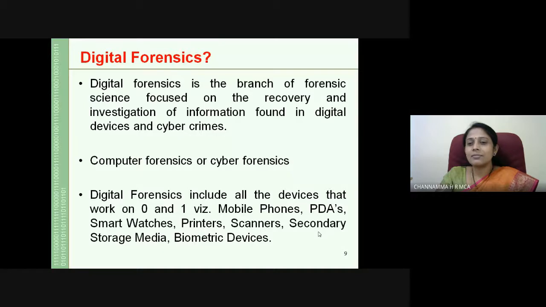All the conventional devices have become digital. Even at home, we don't have an analog watch, we have a digital watch. Whatever device is misused by anybody, if investigation is done on that digital device, it is nothing but digital forensics.